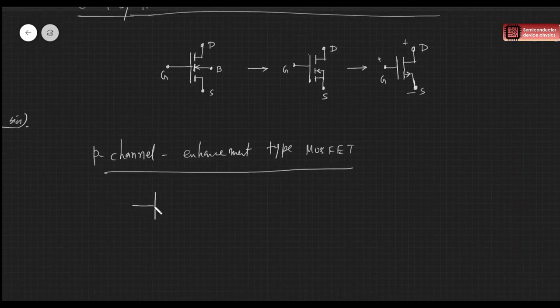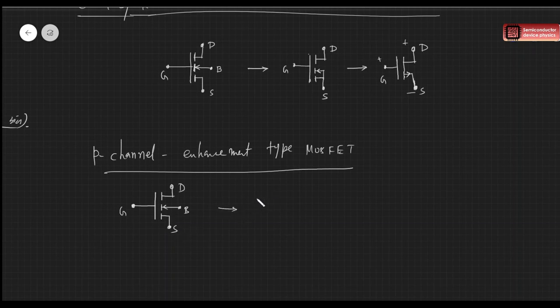So we have the gate, drain, body, source. Sorry. So this is the body, this is gate, this is our drain terminal, this is the source terminal.